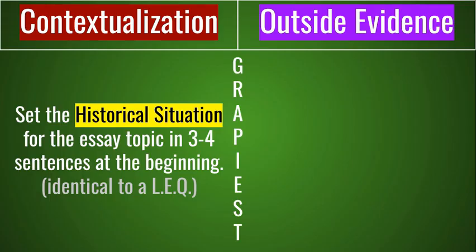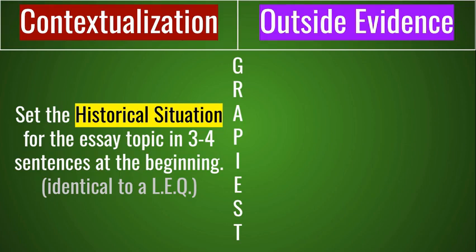If it's some sort of development in Renaissance Christianity, don't start talking about the life of Jesus. That doesn't work. It's got to be kind of immediate. So if we're talking about the Reformation, then the historical situation would be the medieval Catholic Church and its impact on society. This doesn't need to be very long, 3 or 4 sentences is fine.